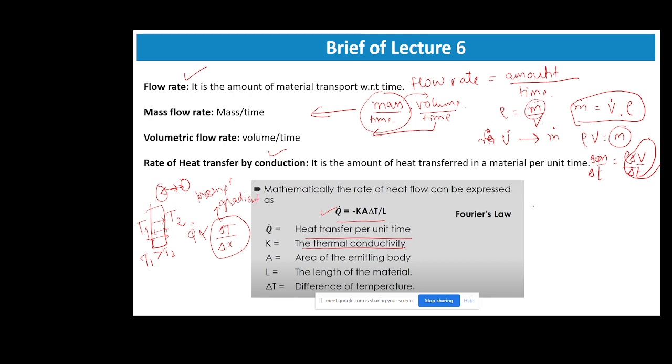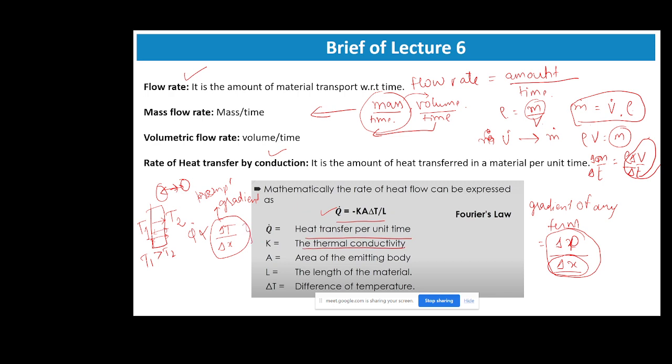The gradient of any term is nothing but the difference in the property, say for example that property is p, delta p, by the difference in the distance.